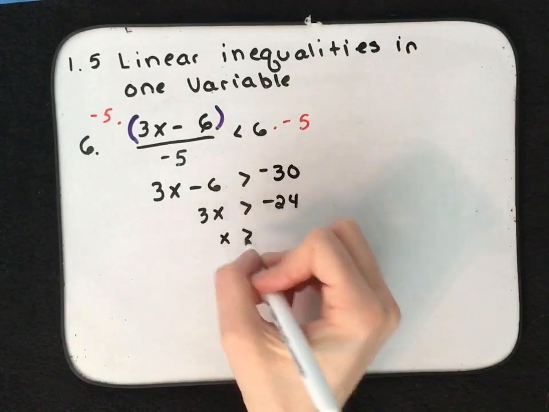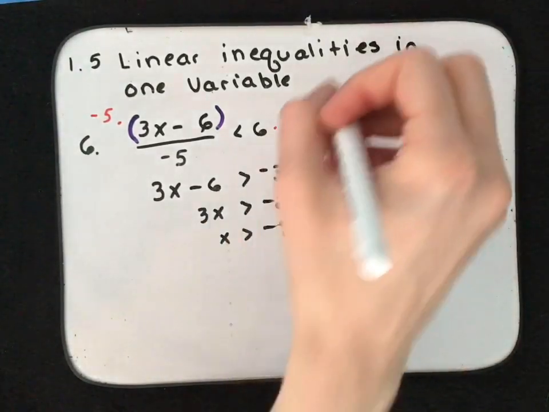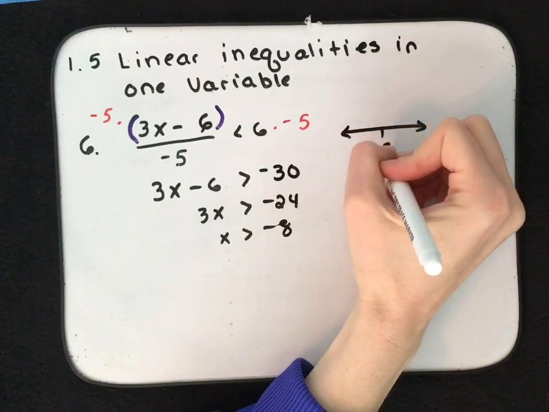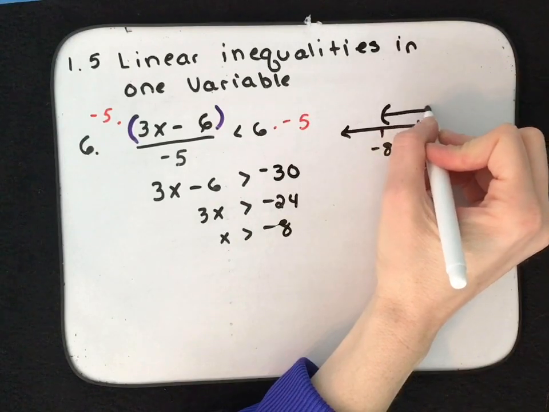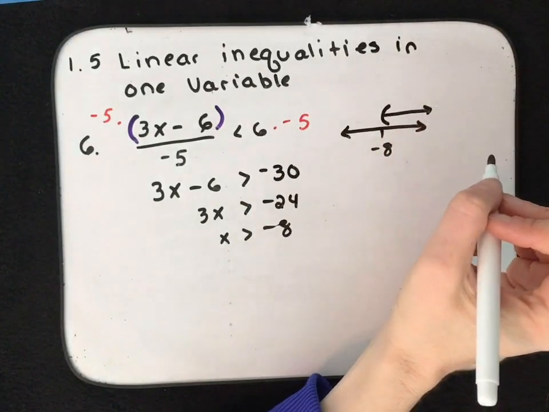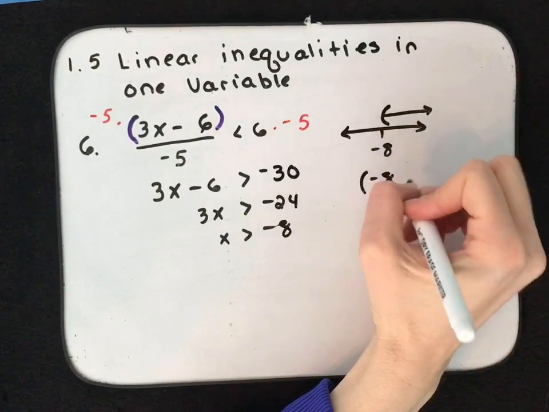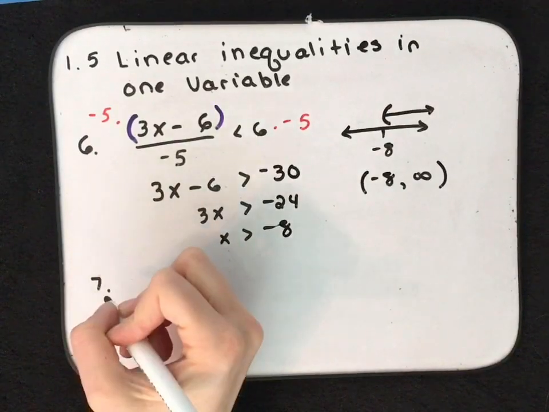So that will leave us with x is greater than negative 8. Putting that on our number line, here's negative 8. There's no or equal, so I can use my parenthesis, and then it goes to the right. In interval notation, that looks like negative 8, comma, infinity. Let's try again.